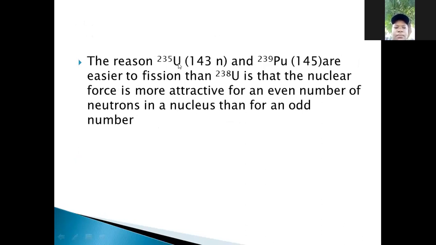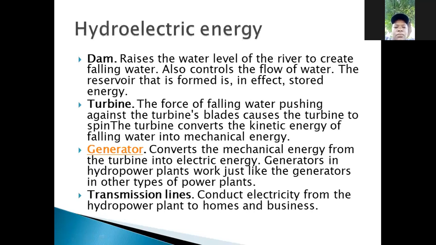So 235 and 239 have an odd number of neutrons, and therefore it makes it possible for a neutron to approach and be absorbed for the nuclear reaction to take place.